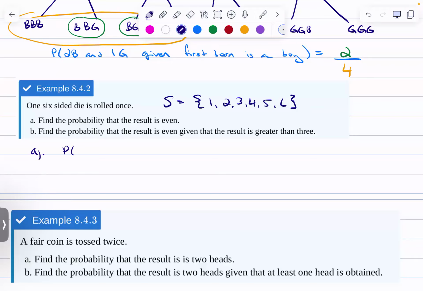The probability that the result is even is the number of outcomes that are even out of the total. The total, I have 6 possible outcomes, and 2, 4, or 6 is the probability of 2, 4, or 6, which is 3 over 6. I don't usually reduce the fractions. It's not really worth the time, right? But if you want to write it as a decimal, that's totally fine too.